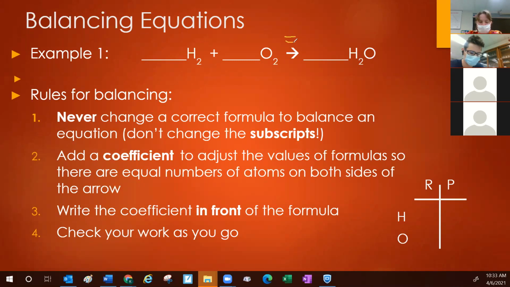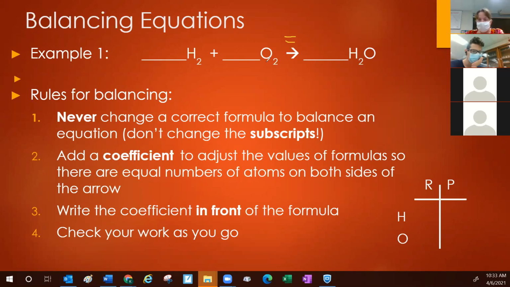So our hydrogen numbers have to be equal and our oxygen numbers have to be equal. To keep track of your numbers, I suggest you create some kind of a chart, because a lot of times you're going to have to bounce back and forth. And you'll see as we practice these what I mean.